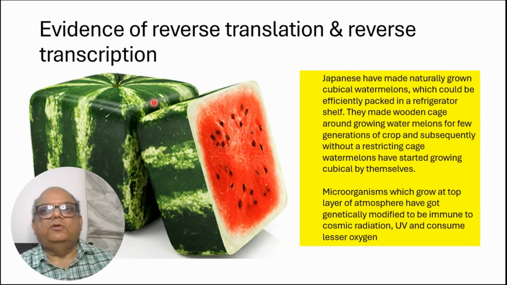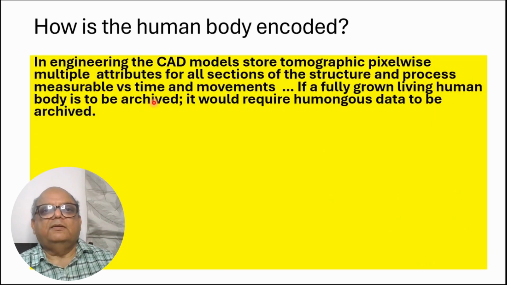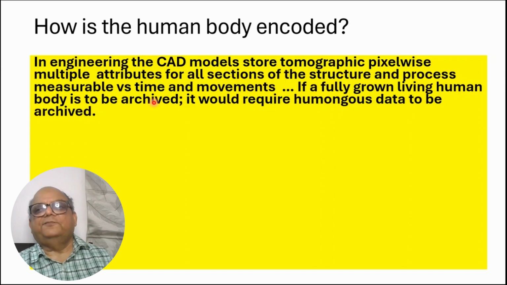Now, the question is how is the human body encoded? On the engineering side, we are used to seeing CAD models, which basically take tomographic sections and make them pixel-wise. Each tomographic section has pixels, rows and columns, and then you assign attributes to each pixel, however small those pixels are.